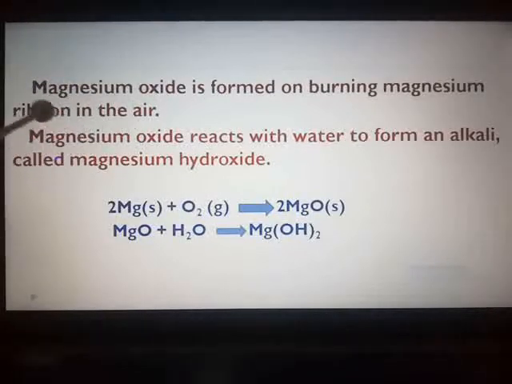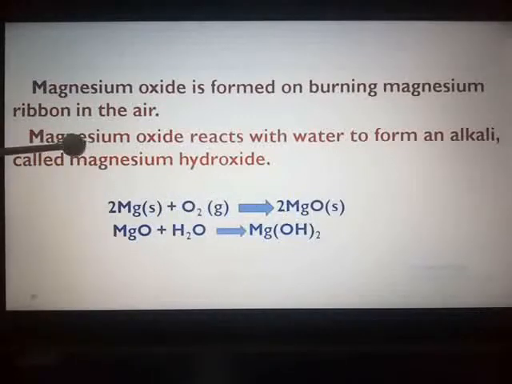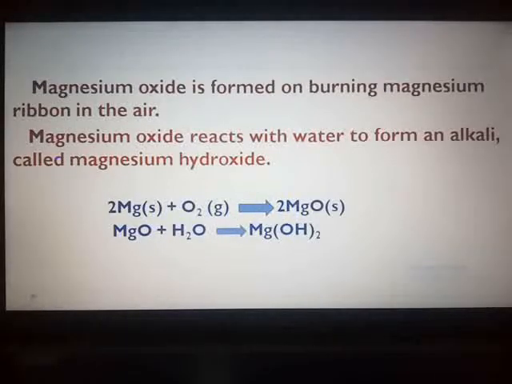This experiment we have done in the lab. Magnesium oxide reacts with water to form an alkali called magnesium hydroxide. So first is the reaction of formation of magnesium oxide, and second, this magnesium oxide when treated with water forms magnesium hydroxide. This we have studied last time. We have just revised the reactions.